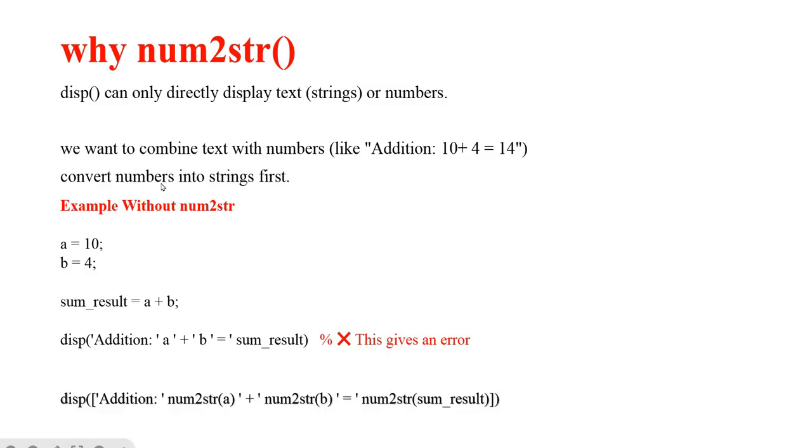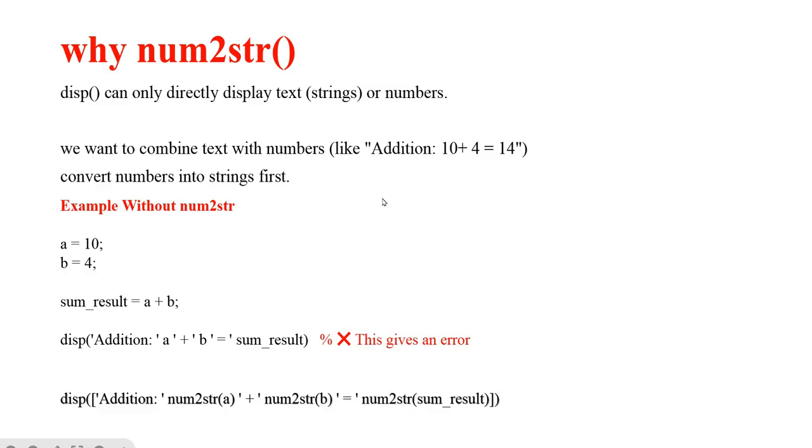Here we have to convert the numbers into strings first, then we can display it. For example, we have a is equal to 10 and b is equal to 4. The sum of these two is given as sum_result is equal to a plus b. Now I want to display this in this format.